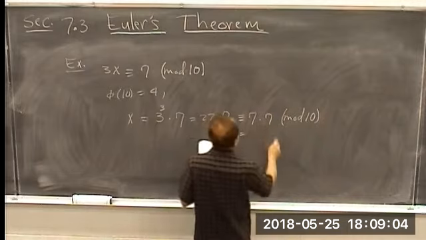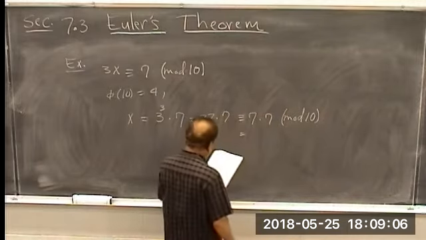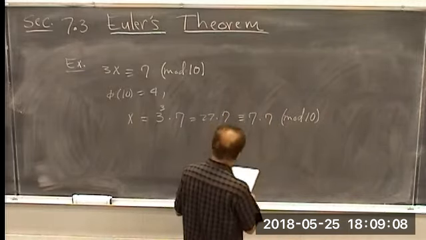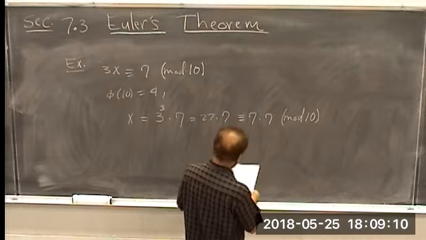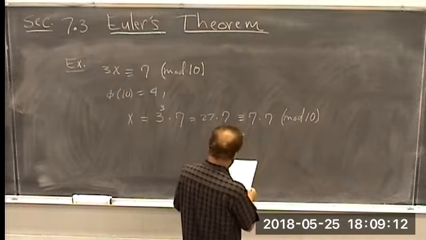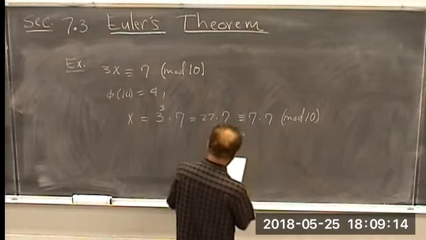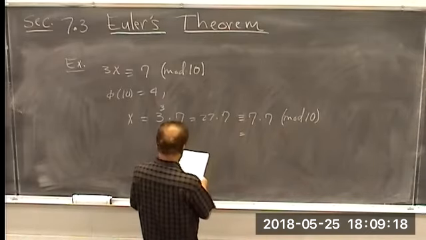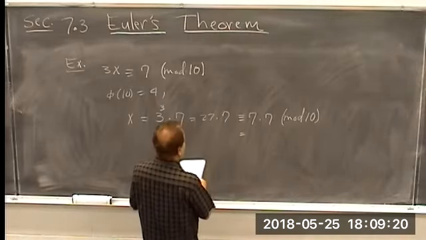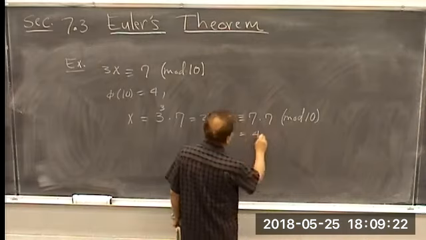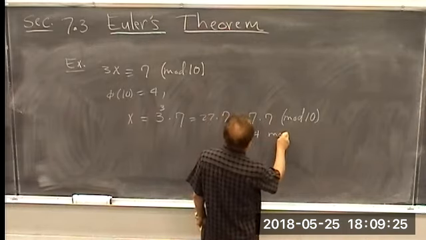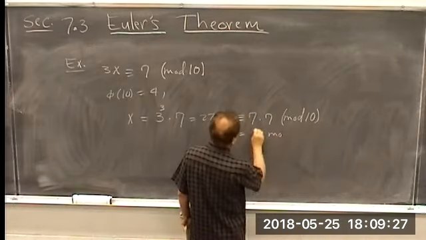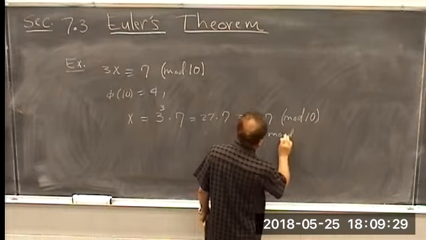and 7 multiplied by 7 is congruent to 49, and mine, let me see it here. Yeah, so this one is 4. 49 is not odd.